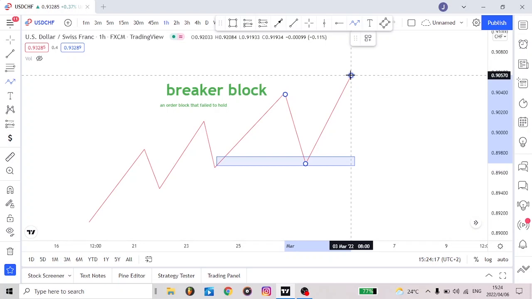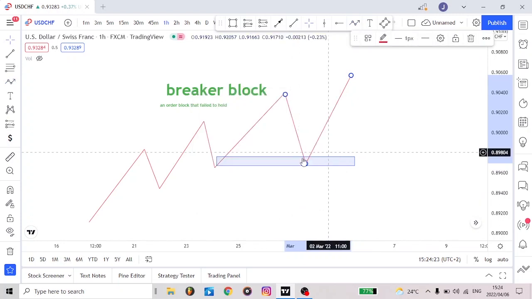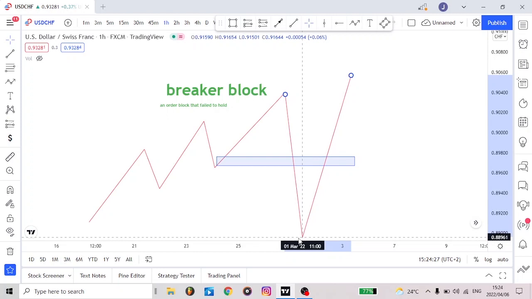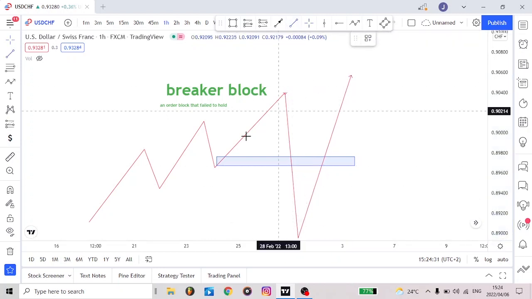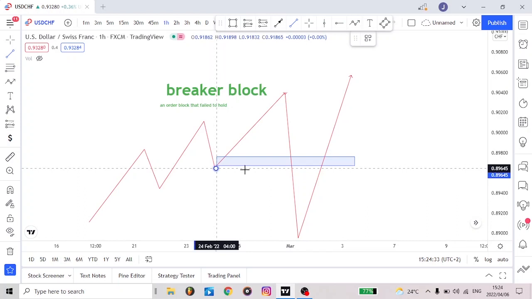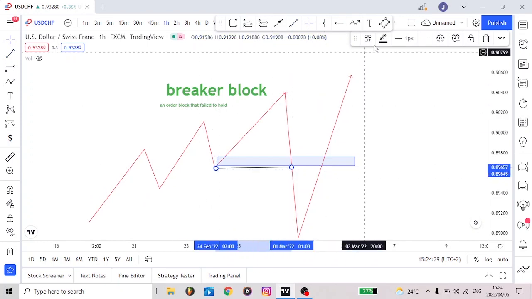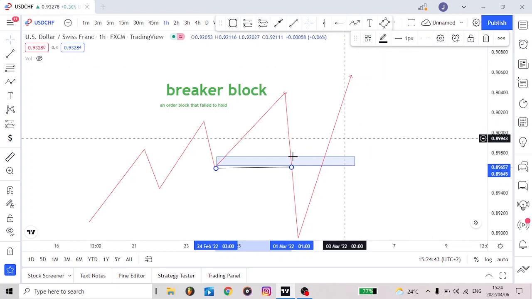But if the market doesn't do that, and instead decides to break below this order block, causing a change of character from here, this would be our change of character, and let's mark that.